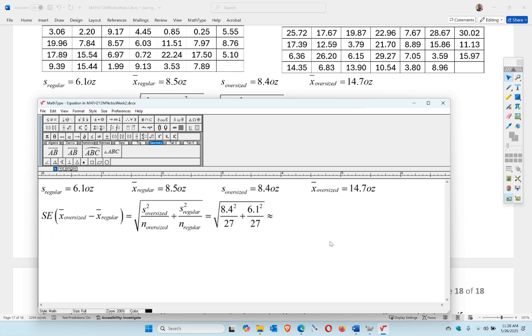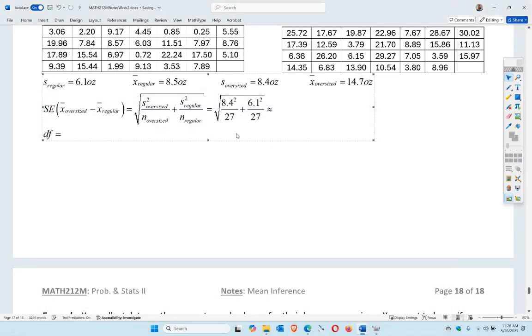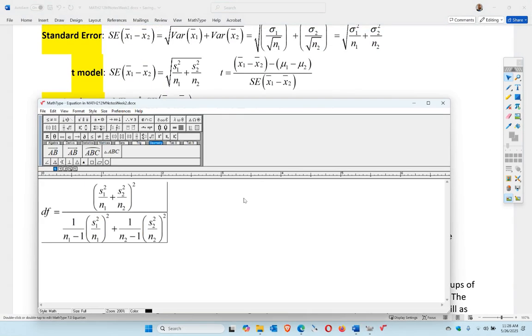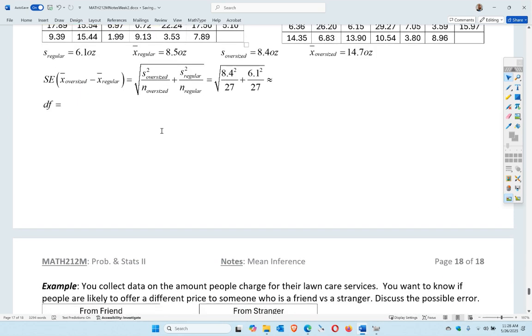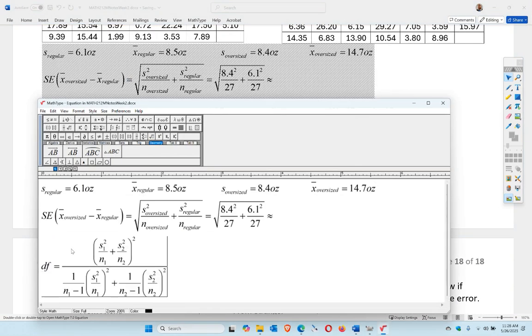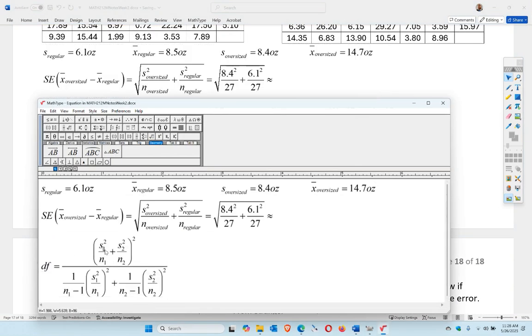Then we need degrees of freedom after that. So our degrees of freedom is this Welch formula here. So we're going to copy that and paste that there. We can put the wording in if we want.